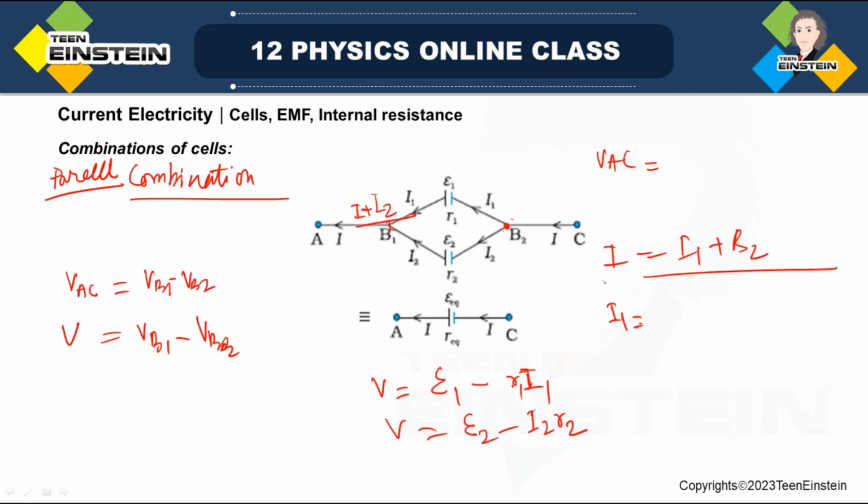Okay, so I1 will be this, similarly I2 will be this, so I1 plus I2.